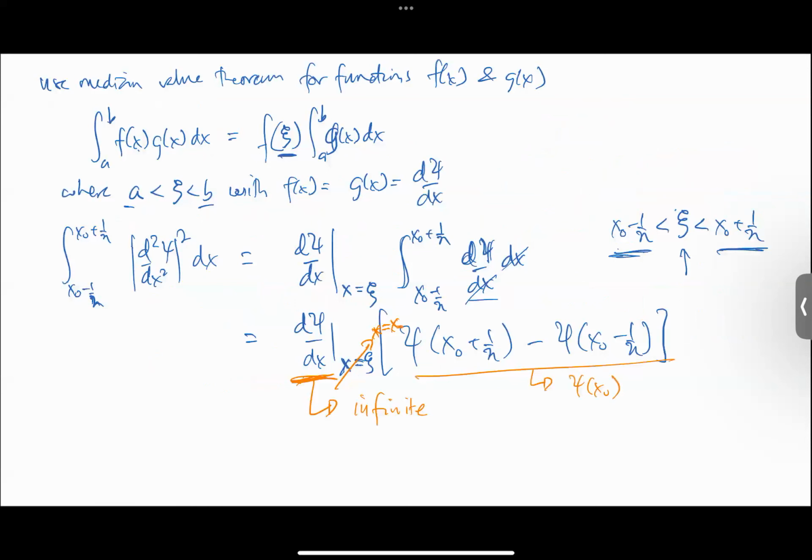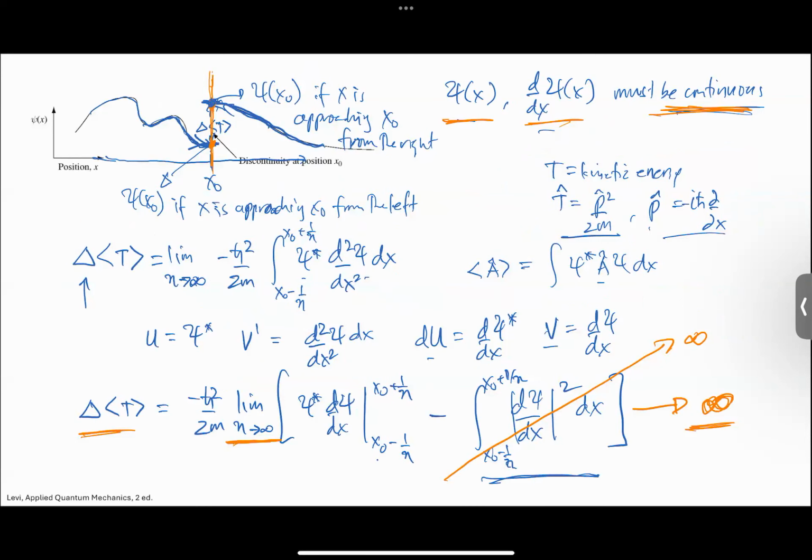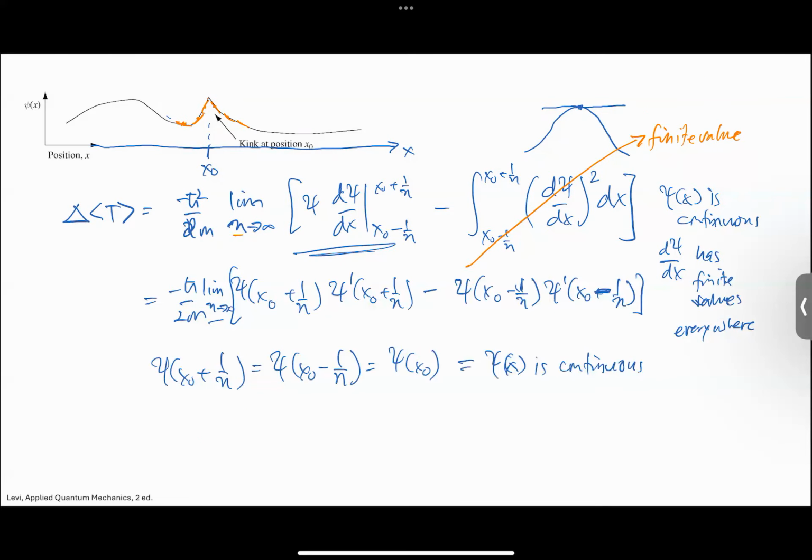Remember, kung hindi sila continuous, then psi of x naught dito at psi of x naught dito ay hindi pareho. Pero dahil sinabi natin na continuous na yung function na ito, then yung psi of x naught plus 1 over eta approaching from the right, and then psi of x naught minus 1 over eta approaching from the left will be equal to the same value, psi of x naught. Okay.